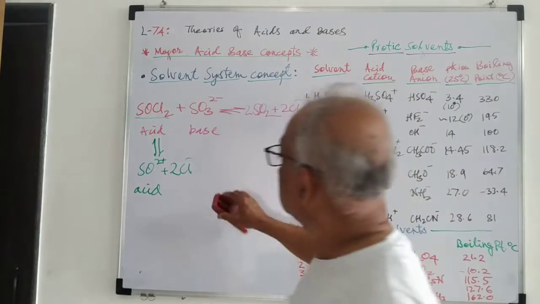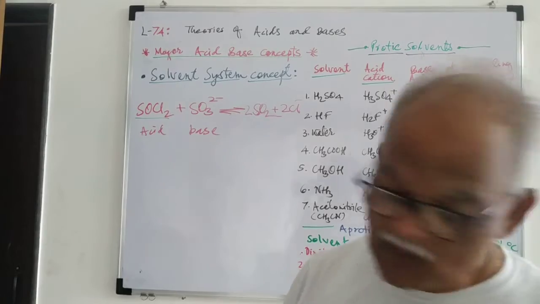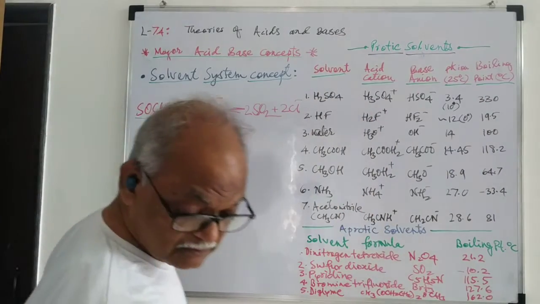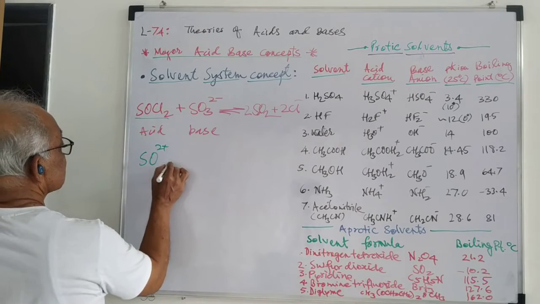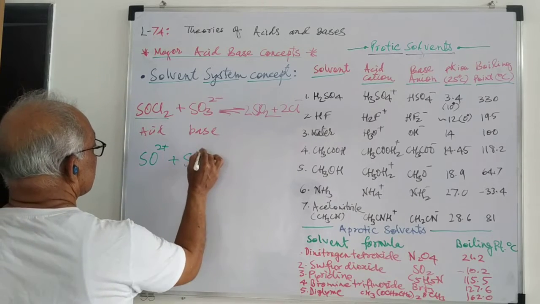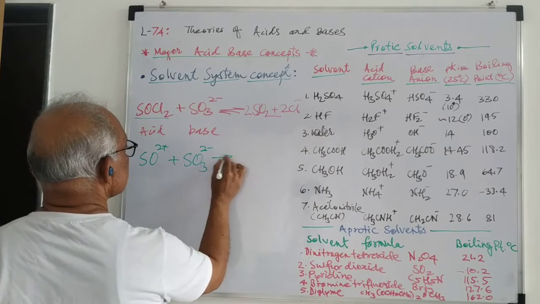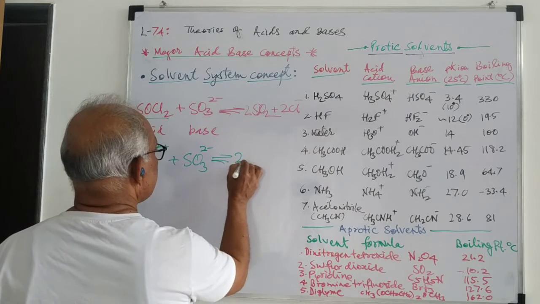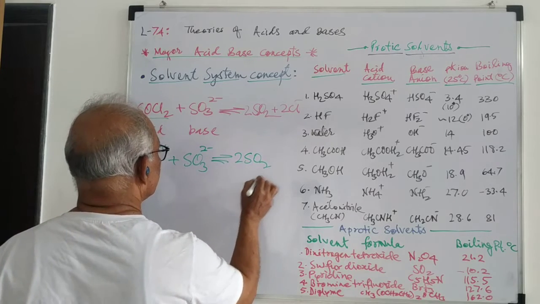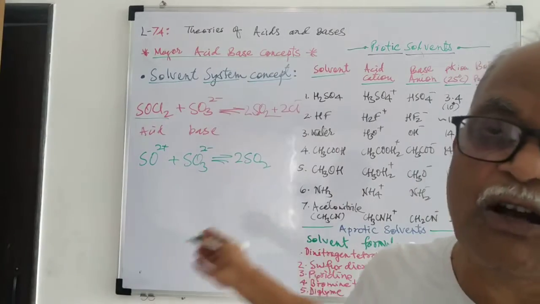For example, if we show the acid-base reaction SO2 2+ with SO3 2-, this is expected to give 2 SO2, which is easily understood.